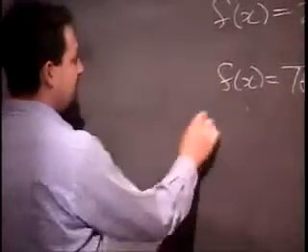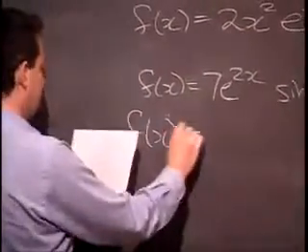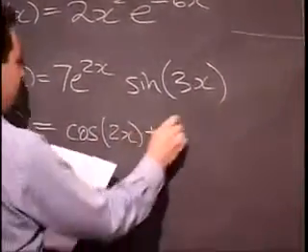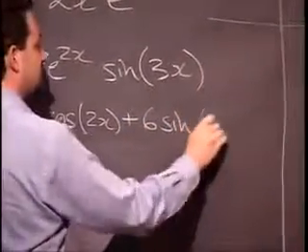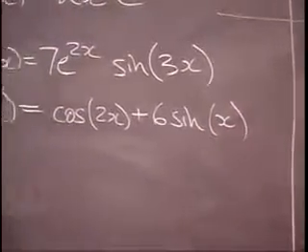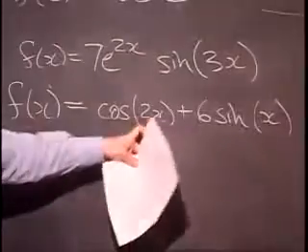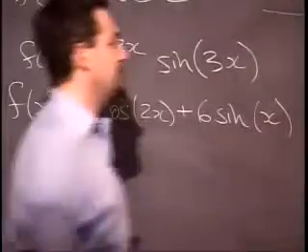All right, what else? How about this? f of x is equal to cosine 2x plus 6 sine x. Well, I've got a cosine and a sine, right? This one needs a cosine and a sine. This one needs a cosine and a sine.